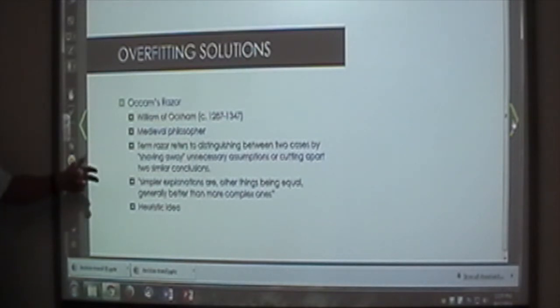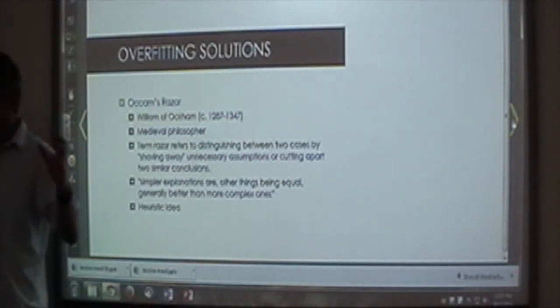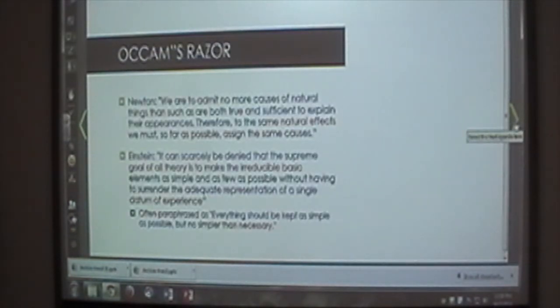The idea is simply expressed: simpler explanations are, other things being equal, generally better than more complex ones. So you can describe things in simple terms, relatively fully, and that gets the idea across better than trying to over-describe them. And it's a heuristic, so it's not written in stone, so to speak.